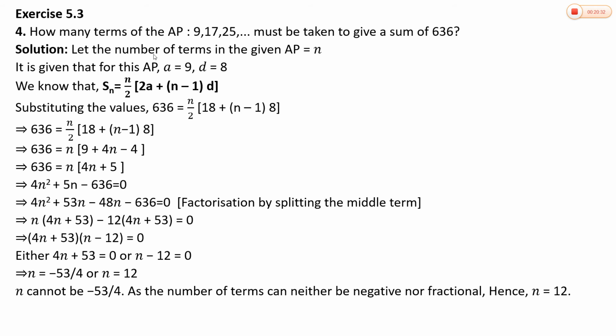But here n is the number of terms in the given sequence. The number of terms cannot be a fraction or a negative number. So n cannot be minus 53 by 4. You can neglect this. Hence n is equal to 12.